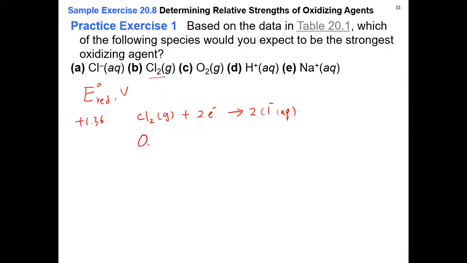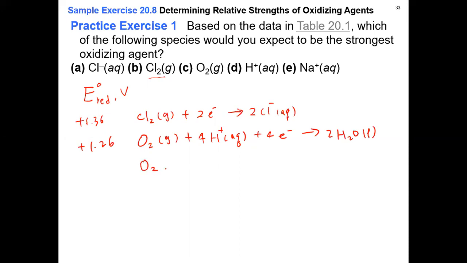Three reactions have oxygen gas involved. The first one is in a more concentrated acidic solution, written like this, producing 2H2O liquid. That is relatively strong; in this way oxygen is a very strong oxidizer, plus 1.26, but even that is not comparable to chlorine gas, which is 1.36.